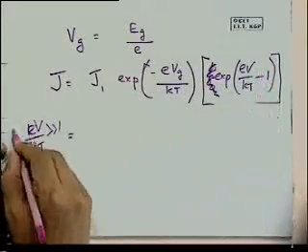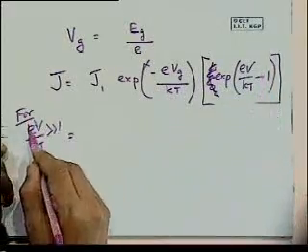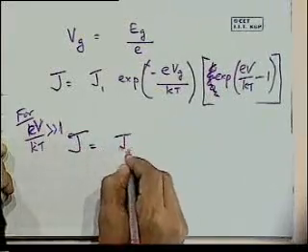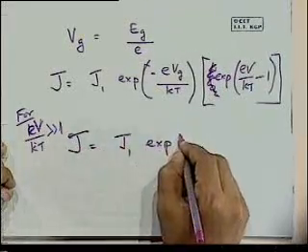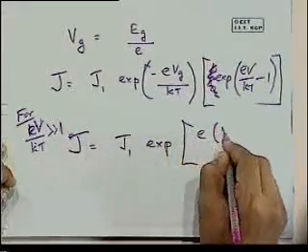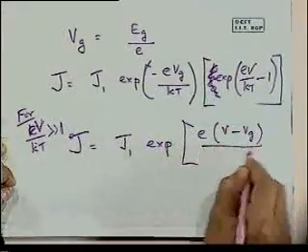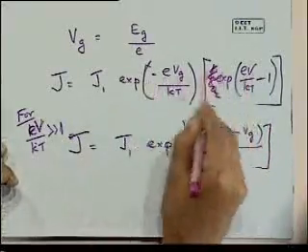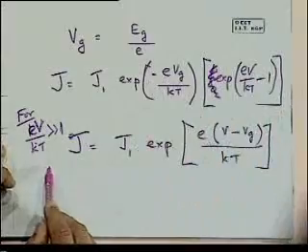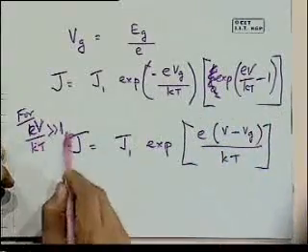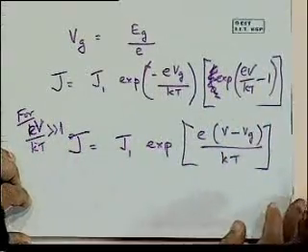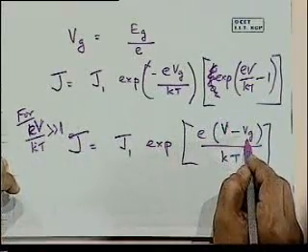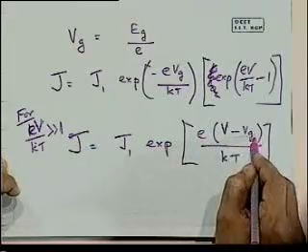So we can rewrite this equation, for this condition holding good, eV by kT much greater than 1, that J is equal to J1 exponential e(V minus Vg) by kT. Simply rearranging the equation and dropping the 1, which no longer is relevant because eV by kT is much greater than 1. So here we can see the explicit dependence on band gap, because eVg is the band gap that we have.